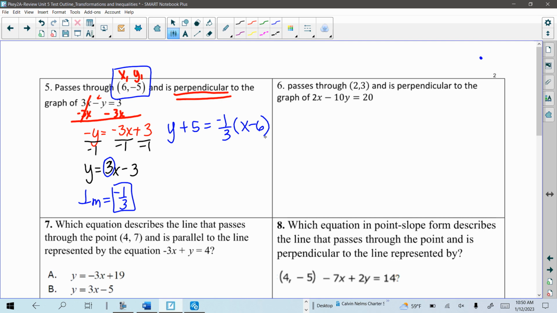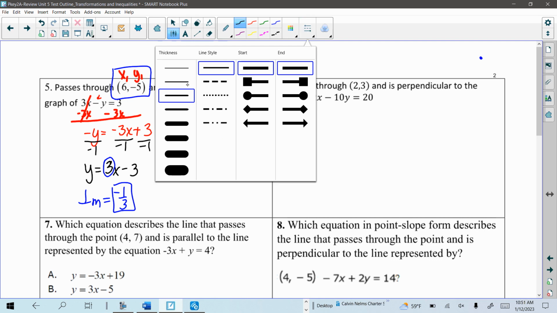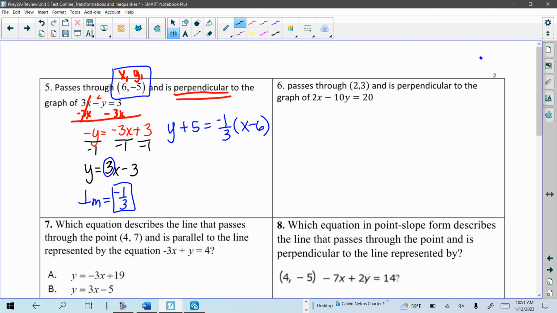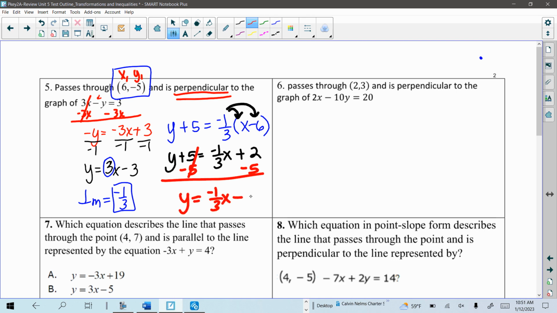All right, so let's do it. So hopefully we wrote y plus 5 equals a negative 1/3 x plus 2. Then isolate the y, so we're going to subtract 5 on both sides. Our final equation, y equals a negative 1/3 x minus 3.